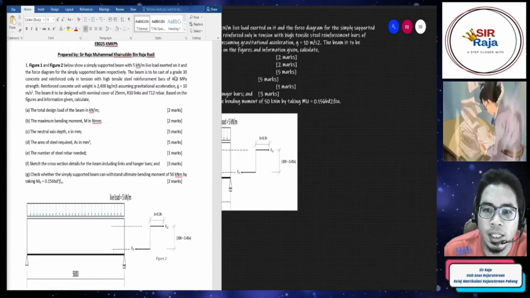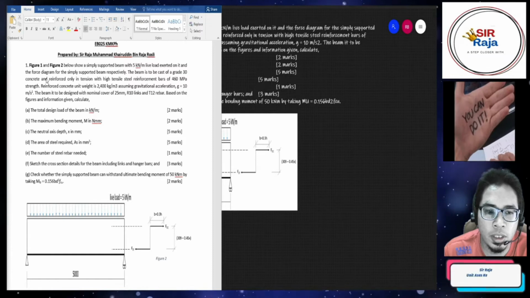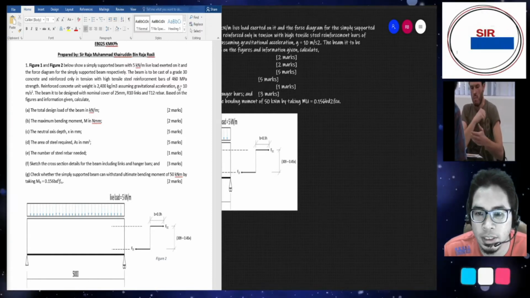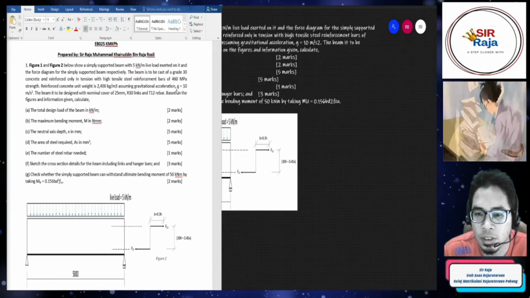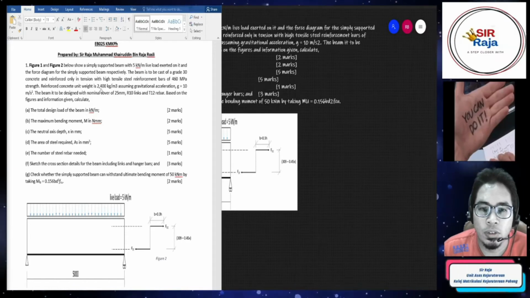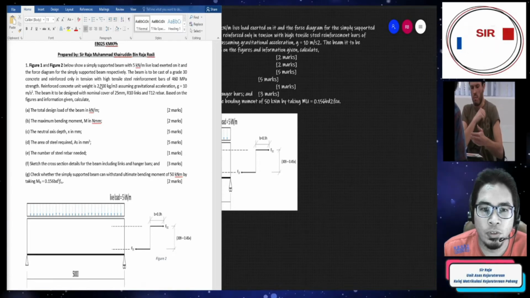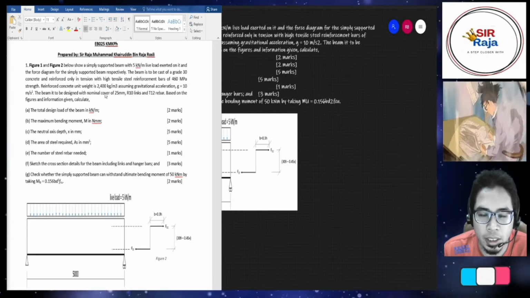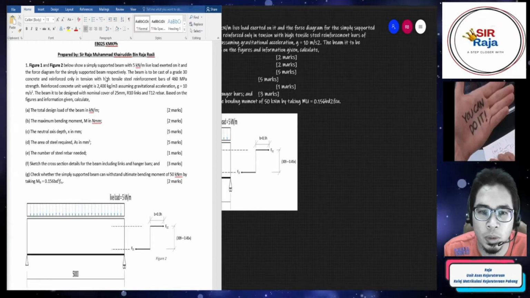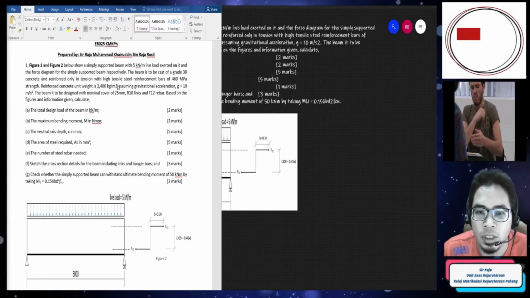The beam is to be cast of grade 30 concrete. This is the FCU 30, and reinforced only in the tension with high tensile reinforcement bars of 460 megapascal. So this is the steel strength. Reinforced concrete unit weight is 2,400 kg per meter cube. So this is the unit weight. Normally we use 24 kilonewton per meter cube, but in this question it is given in kilogram per meter cube, so we need to change this unit to kilonewton per meter cube later on.